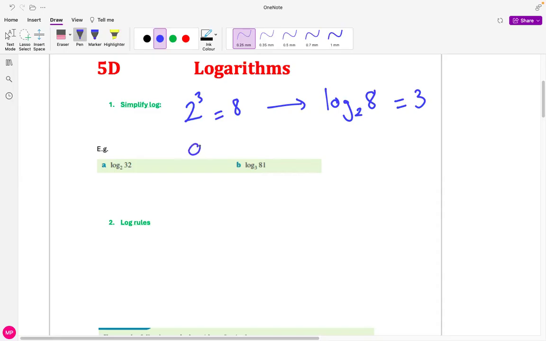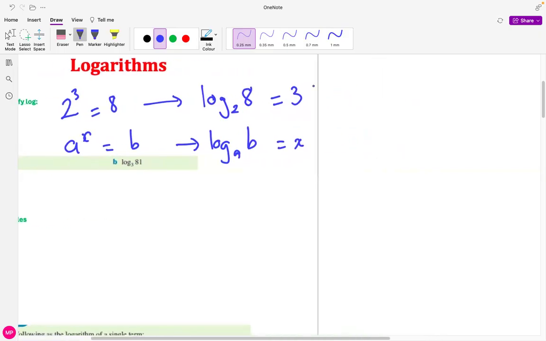If we formalize it into a formula, a to the power of x equals b, then we can write log. The number 2 represents letter A, 8 represents B, so log A of B equals X. Now, 3 represents the power, so the answer of log is the power.